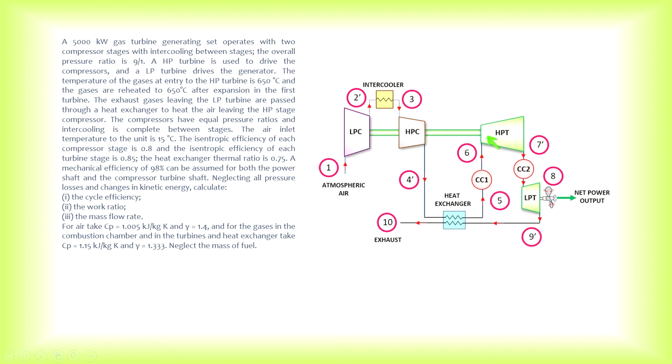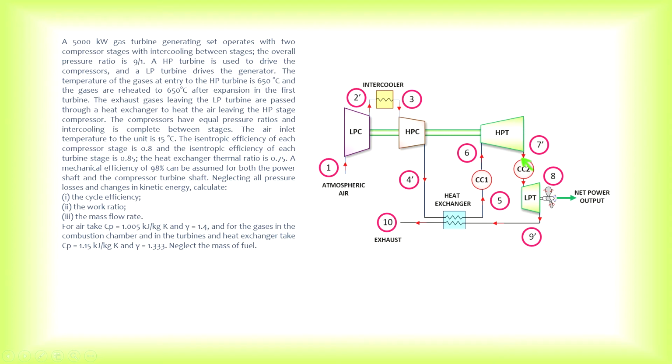Then it will enter the high pressure turbine, where it undergoes isentropic expansion. The work output of the high pressure turbine is used to drive both the low pressure compressor and the high pressure compressor.